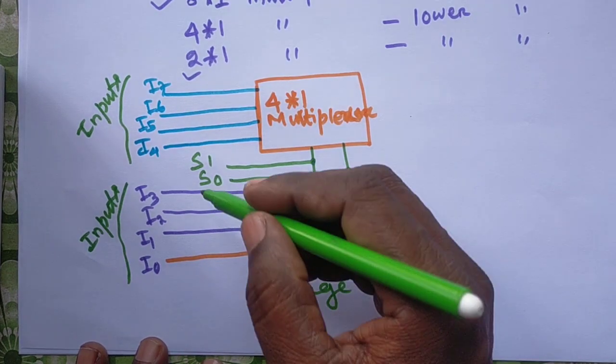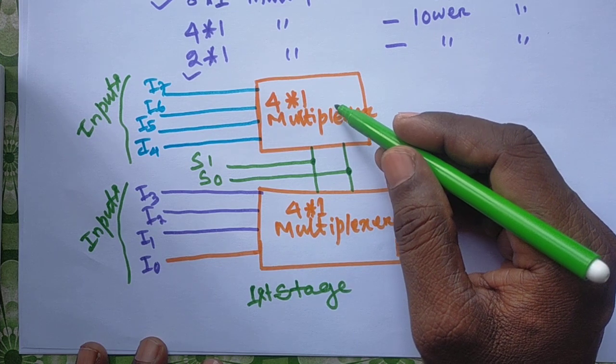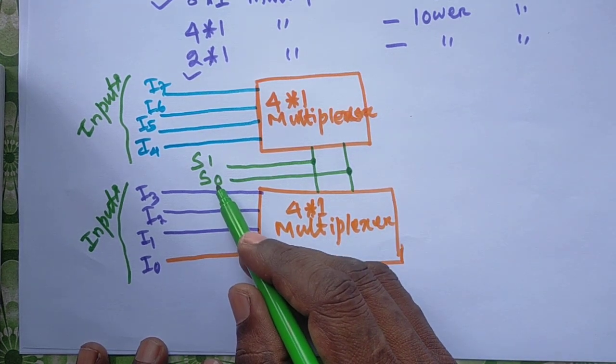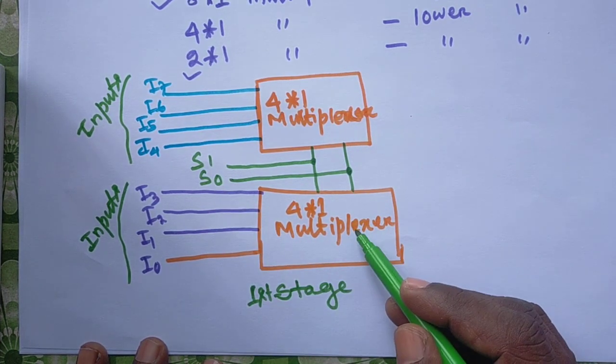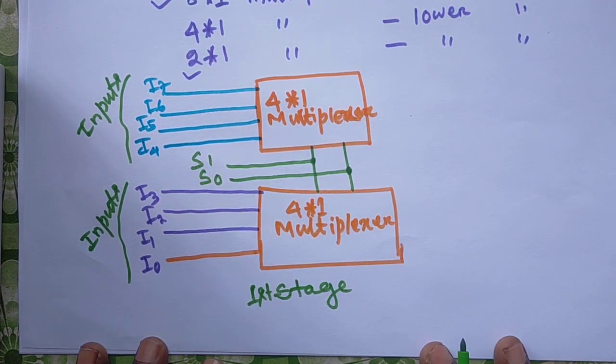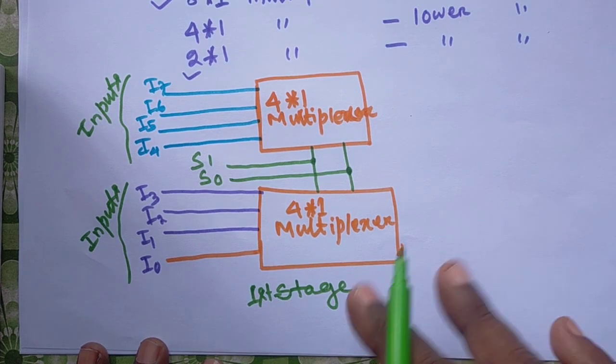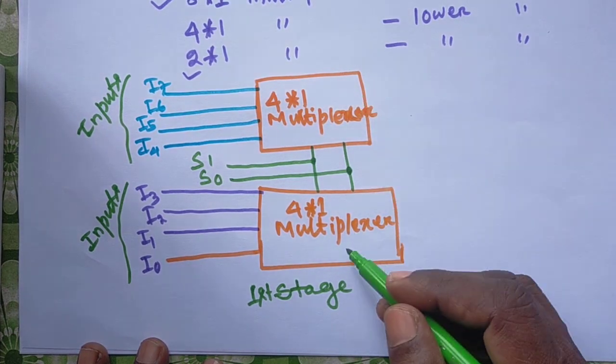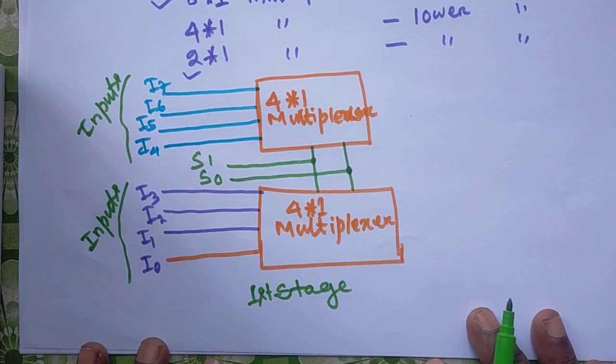The 2 selectors are connected to this 4 into 1 multiplexer, and the same 2 selectors are also connected to this other multiplexer. How to choose between them, I will tell you later, but both should be connected here.